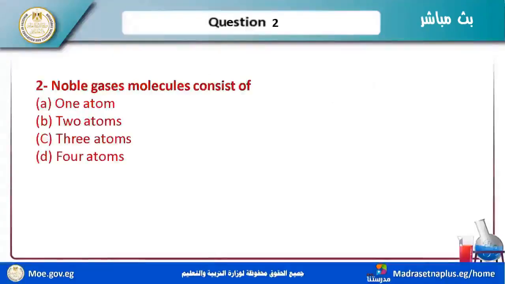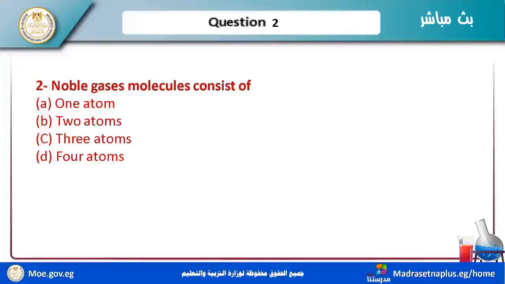This question: noble gas molecules consist of one atom, 2 atoms, 3 atoms, or 4 atoms? Now, a noble gas is a noble gas. It doesn't share electrons with any atoms or take part in chemical reactions.